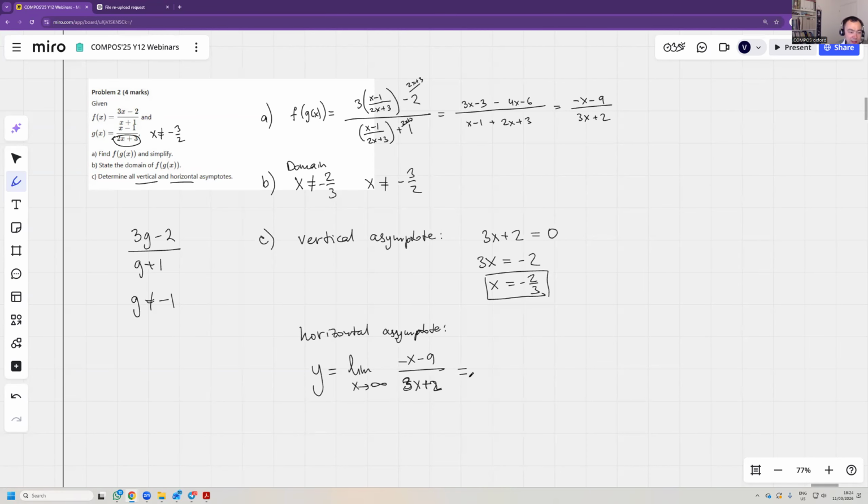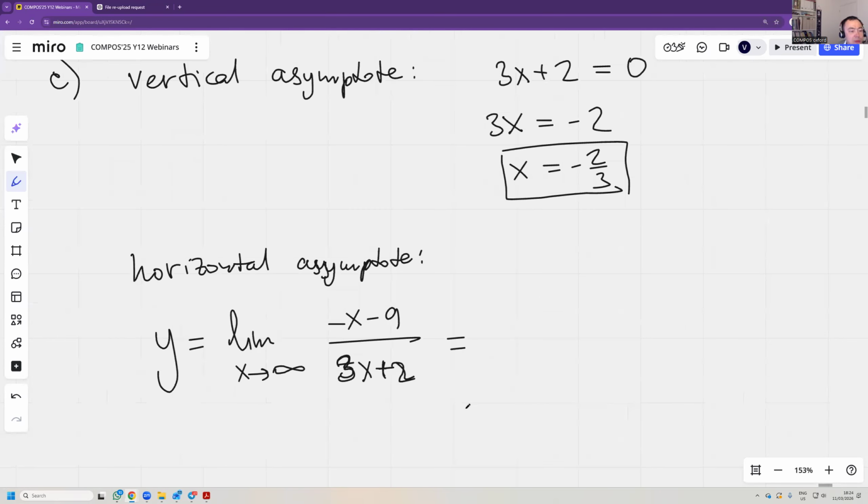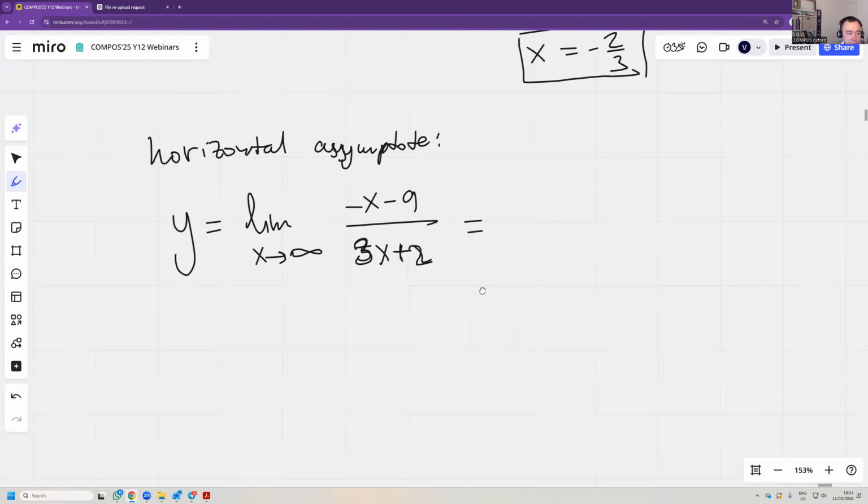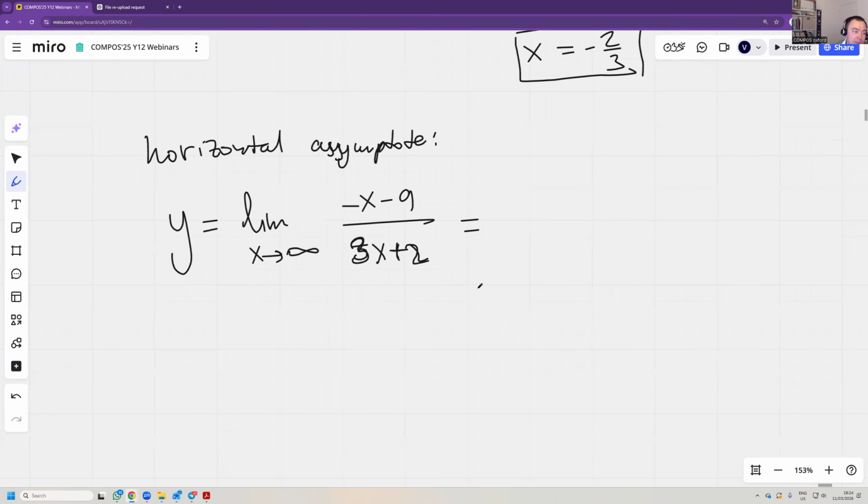To find this limit, you divide top and bottom by x, and you get minus x over x minus 9 over x, over 3x over x plus 2 over x.